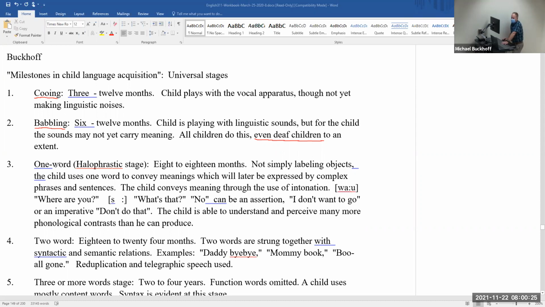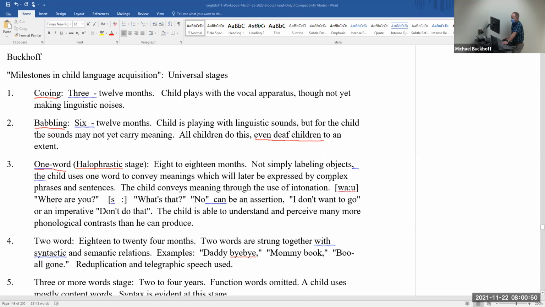Okay, number 3, we get into the one word or what's called the holophrastic stage, 8 to 18 months. Not simply labeling objects, the child uses one word to convey meanings which will later be expressed by complex phrases and sentences. The child conveys meaning through the use of intonation.